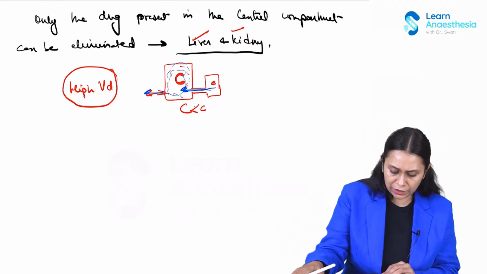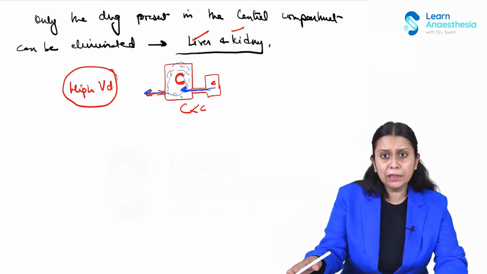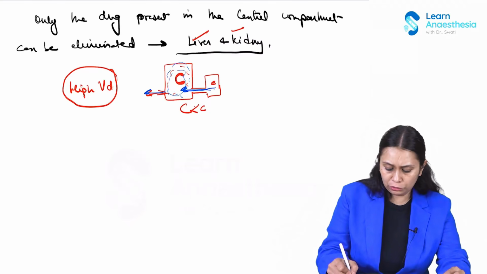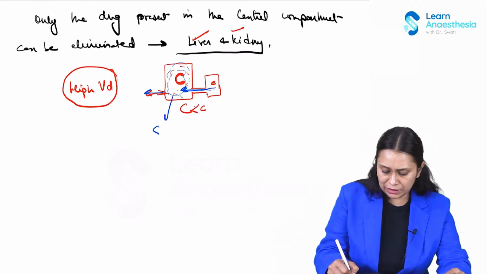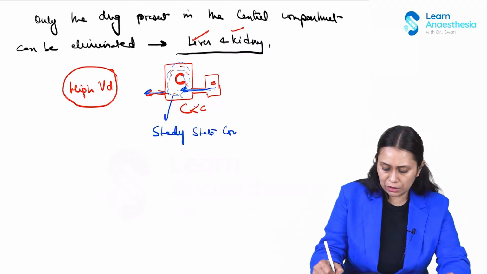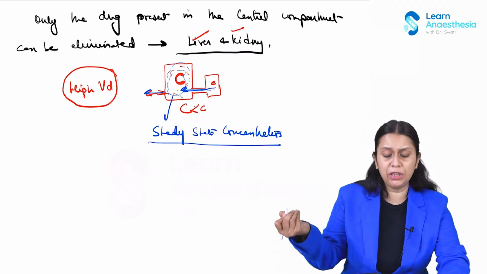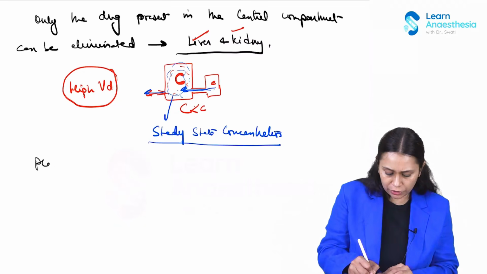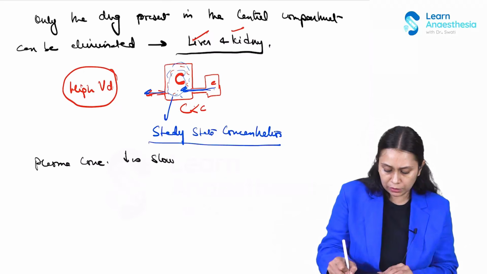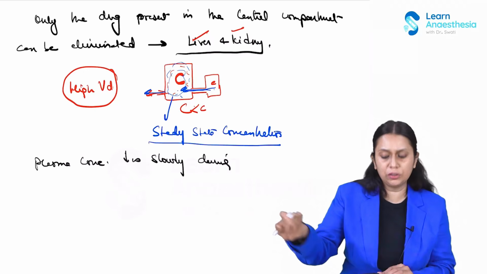So the fraction of drug eliminated shifts the equilibrium from peripheral to the central compartment, and this shift maintains the steady state concentration despite drug removal, despite the elimination of drug, right? So remember that plasma concentration decreases slowly during elimination for drugs with a larger volume of distribution.